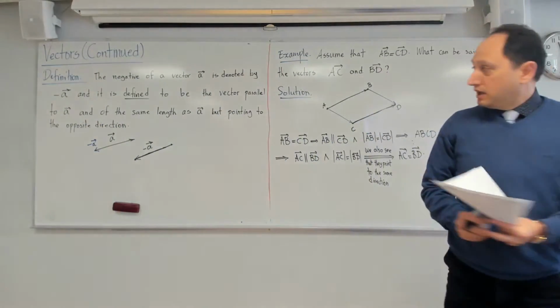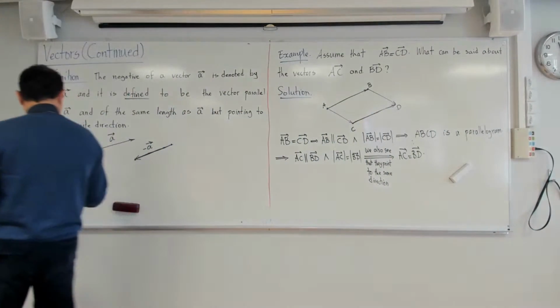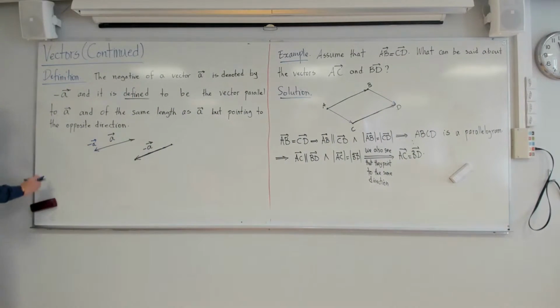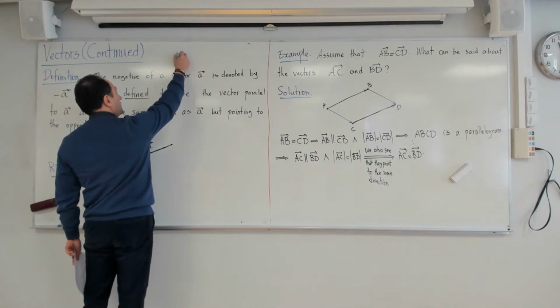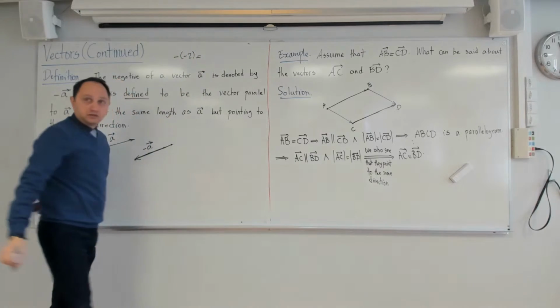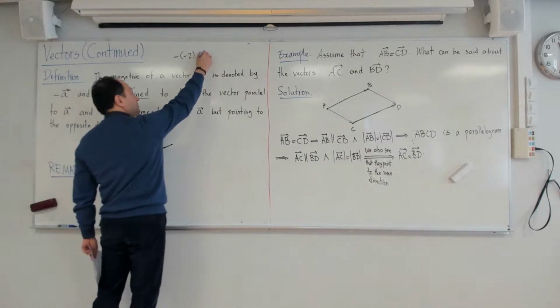Now, of course, there are some remarks that are very trivial that you can see. So, remark, what do you think? There are some common properties between this minus sign and the minus sign we use for numbers. For numbers, what happens if I have two negative signs? Minus, minus 2. What's the answer? It's positive 2, which we simply write as 2.